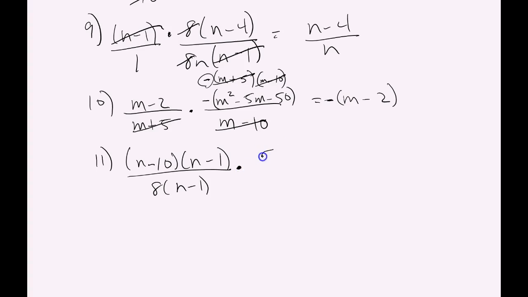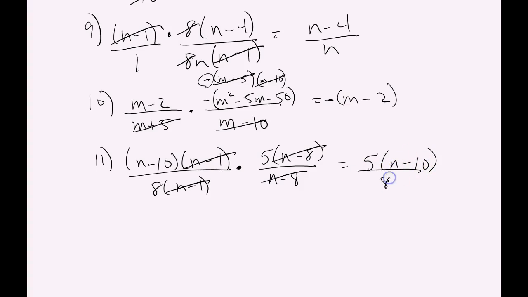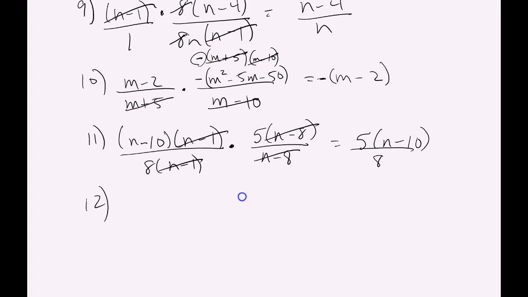So the 5n minus 40 goes on top, but I'm going to go ahead and factor that. And then on the bottom is an n minus 8. Cool. Now, can we cancel? Okay, these are definitely gone. And these match exactly. So I'm left with 5 times n minus 10 over 8. And nothing else reduces.